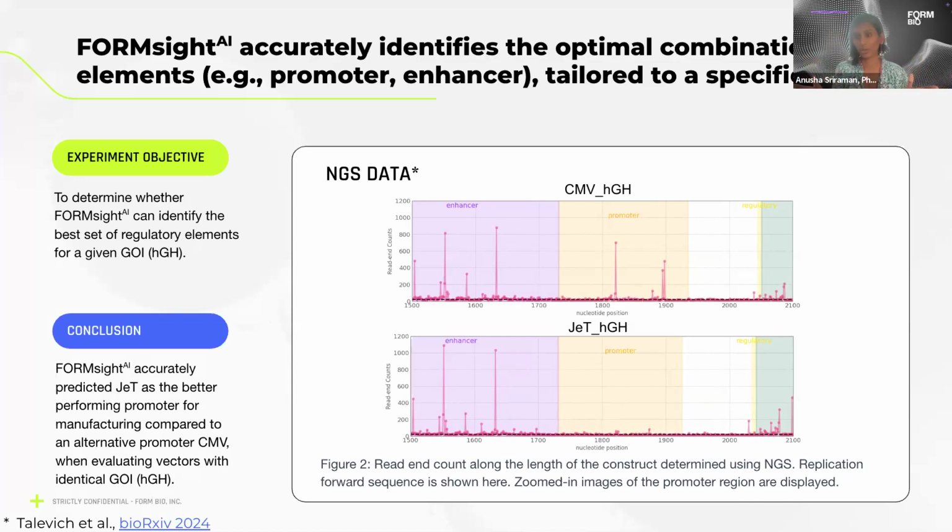We don't see those truncation hotspots. So the JET promoter is definitely a better performing promoter in comparison to CMV for packaging, and our model accurately predicted this: that the JET promoter is going to be the superior promoter in terms of packaging. So yeah, FormSite AI was accurately able to identify this.